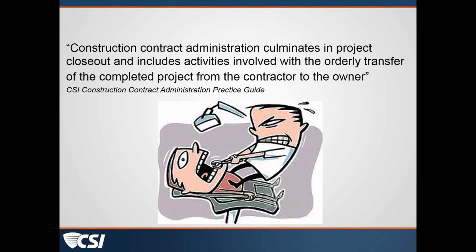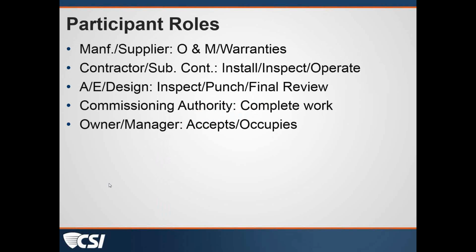I love this drawing because often it's like pulling teeth to get from one set of hands to the other, and I think it's a very appropriate diagram. But let's go to the next slide and talk about who the participants are at this point in the project. And I should have said we're following along in Chapter 12 of the practice guide.